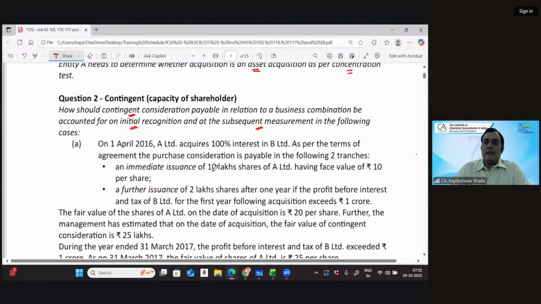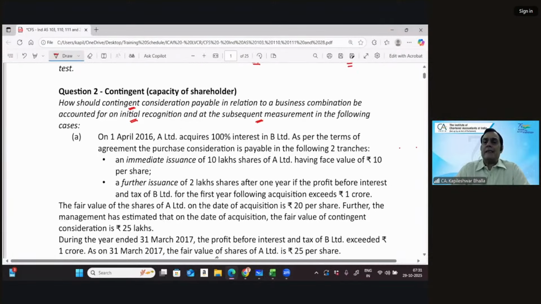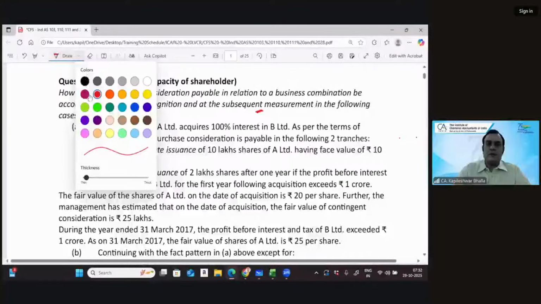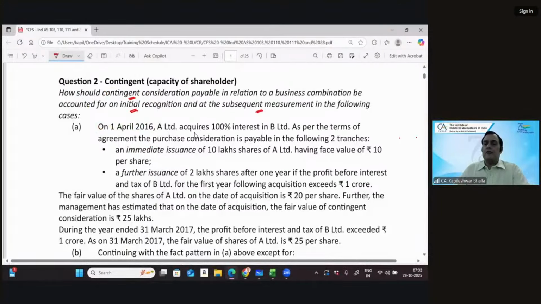In point A, it says on 1st April 2016, A acquires 100% interest in B. As per the terms of the agreement, the PC is paid in two tranches.